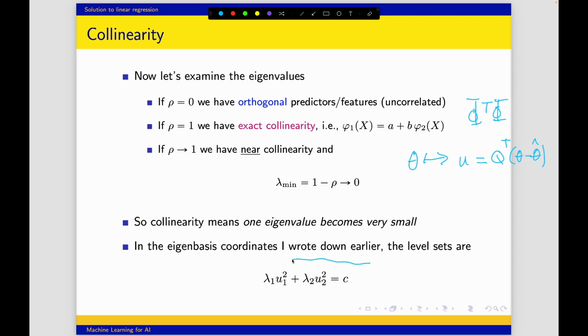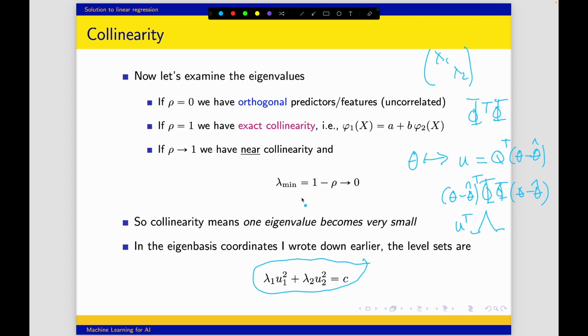So this is what the level sets look like. They go from looking like this, theta minus theta hat transposed, phi transpose phi, theta minus theta hat, to looking like this, u transpose lambda u, where lambda is a diagonal matrix with lambda 1 and lambda 2.